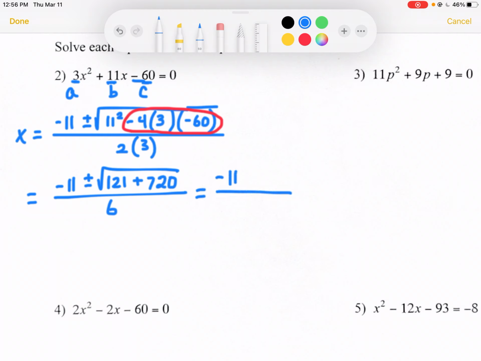So negative 11 plus or minus the square root of 121 plus 720, which is what? 841, over 6.